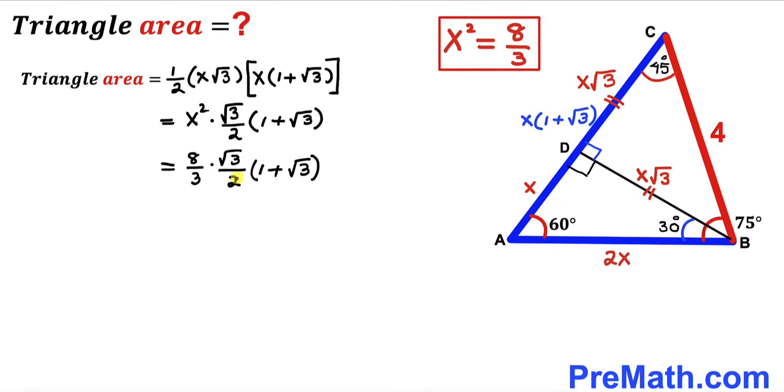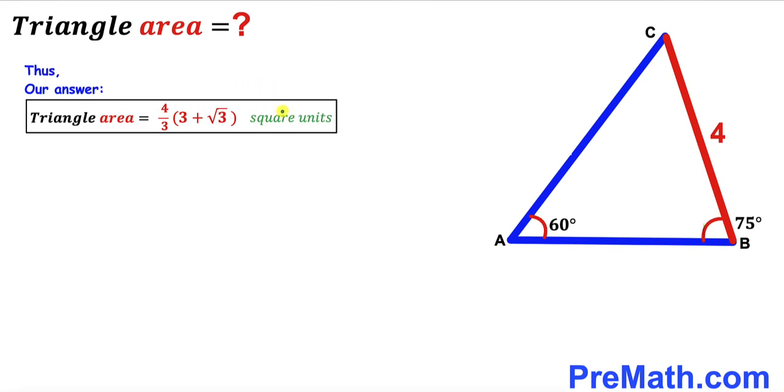Now we can see 2 goes into 8 4 times, and at the very same time I'm going to distribute the square root of 3 over here. So we can write this as 4 divided by 3, and then times, in the parentheses, 3 plus the square root of 3, the area of this triangle ABC.